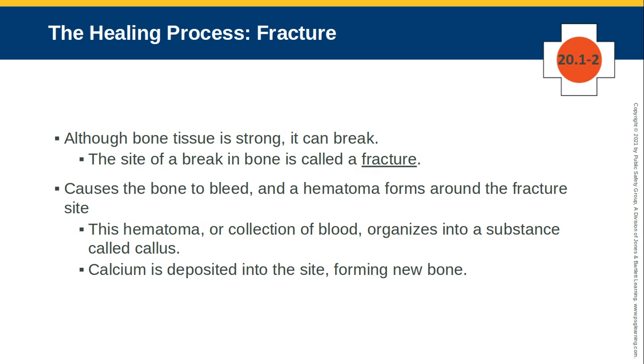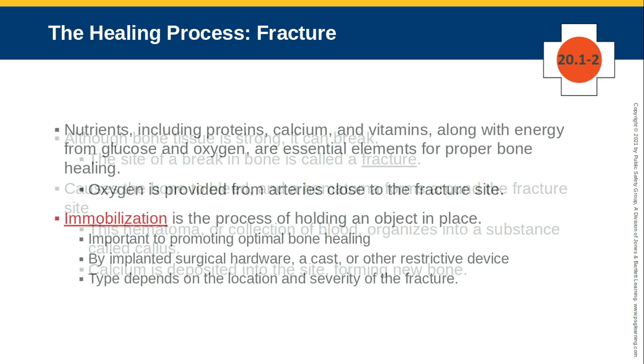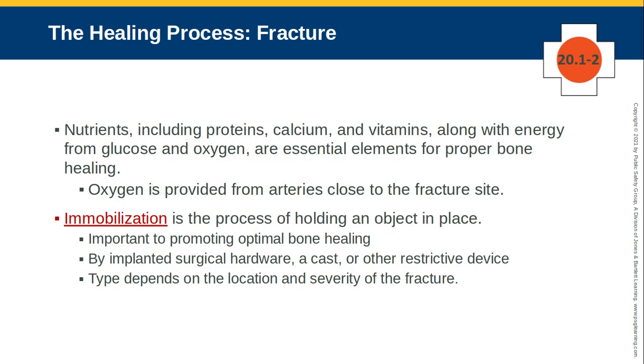We may have a hematoma, or an internal bruise, that's forming around the fracture site, and eventually callus, which is essentially a protein matrix, forms at the site of that fracture, with calcium eventually deposited onto that matrix and new bone forming. It's essential that all of those nutrients are there in terms of constructing that new protein matrix. And so immobilization, think about placing a cast on a broken bone, is important to promote bone healing.